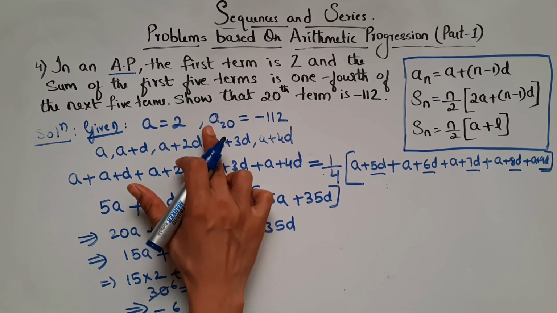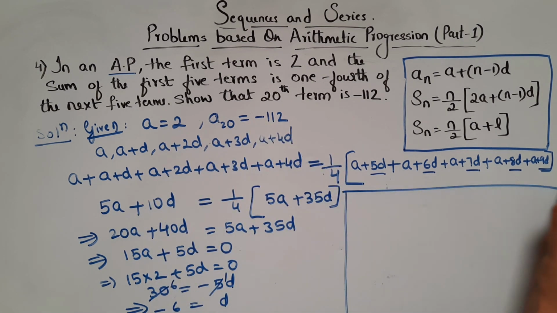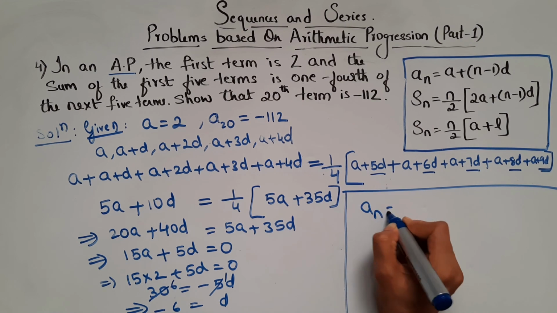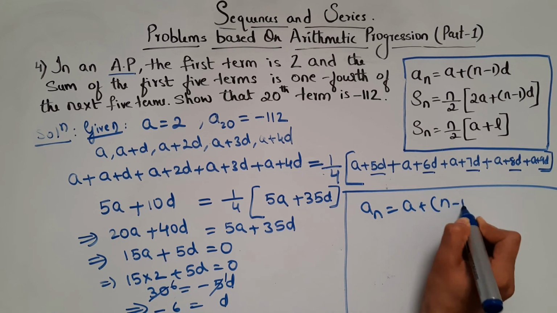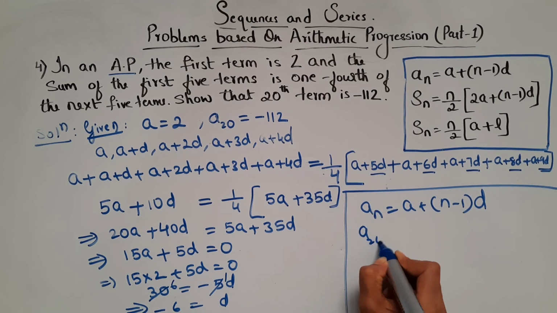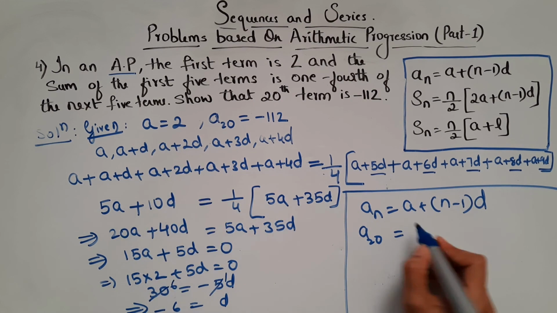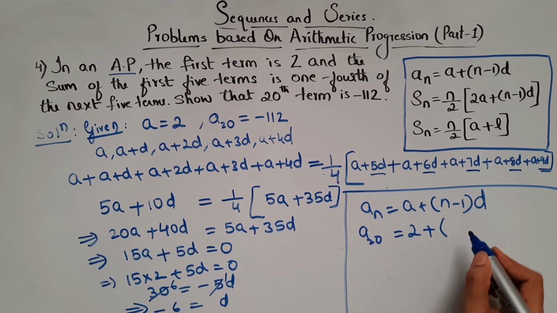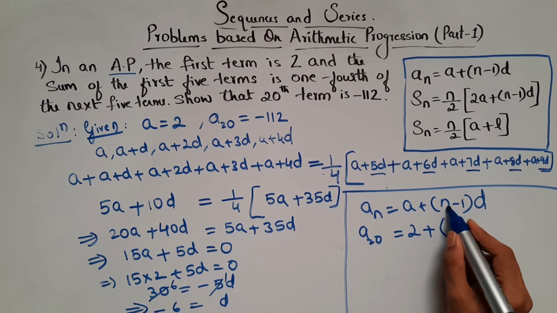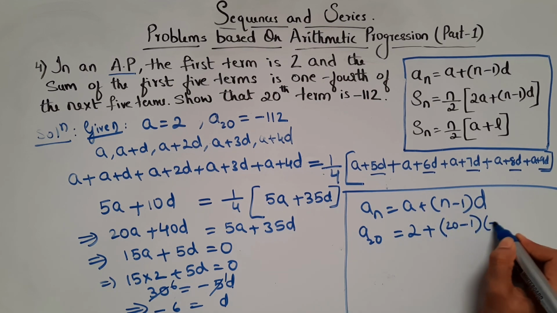Now we have to show a20 is minus 112. So we know the formula a_n is equal to a plus (n minus 1) into d, right? So a20, that means n is 20, which is equal to a, the first term, is 2 plus n is 20, so 20 minus 1, and d is minus 6, right?